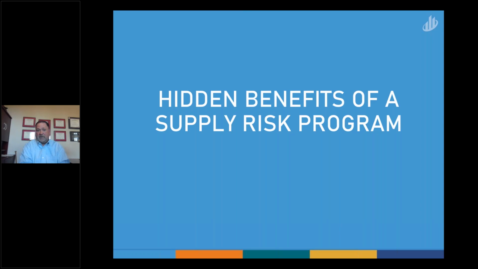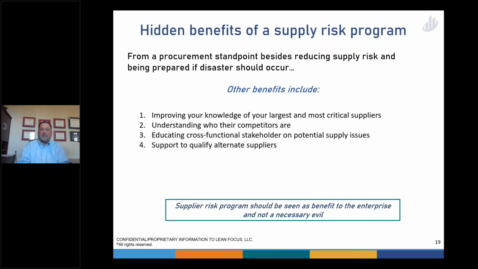So a little bit on some of the benefits of a supply risk program that might not be, let's say, evident or visible at first glance. If you think of it from a procurement standpoint, there are some other benefits, as I mentioned, to the procurement team in having a very good supply risk program. Number one is really improving your knowledge of your largest and most critical suppliers.